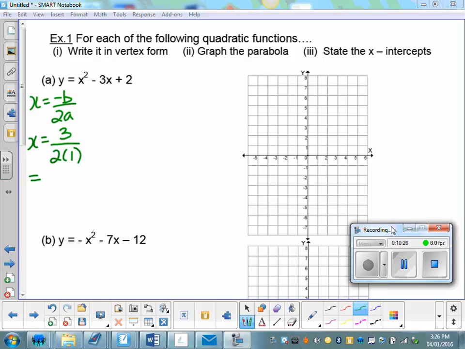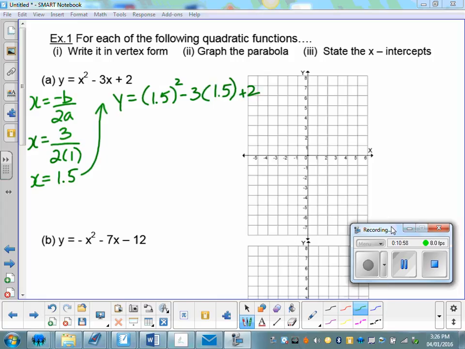So x is equal to 3 divided by 2, so that's equal to 1.5. And then I'm going to sub that in to figure out the other part of the vertex. So y equals 1.5 squared minus 3 times 1.5 plus 2.